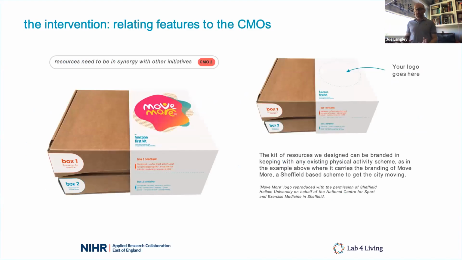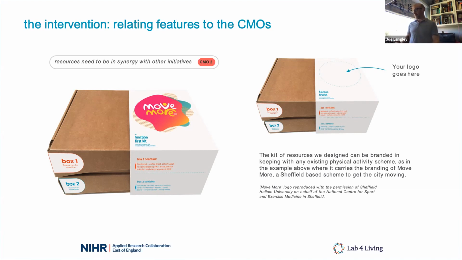What this meant was that through the co-design process, the things that were actually designed, the ideas that came forward and how we interrogated those ideas and moved them forward, were fundamentally informed by the evidence basis, as well as by the experiences of the co-design partners. And we were able to point to specific features of the final intervention and say, this feature embodies context mechanism outcome statement 2, or CMO 1 and 5.